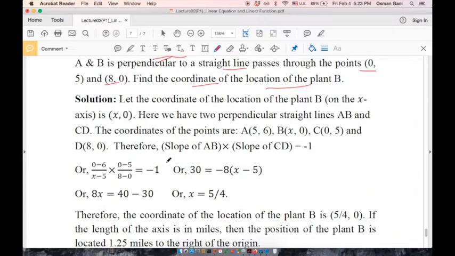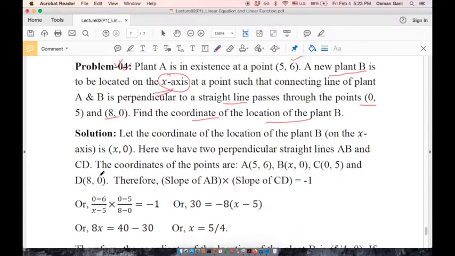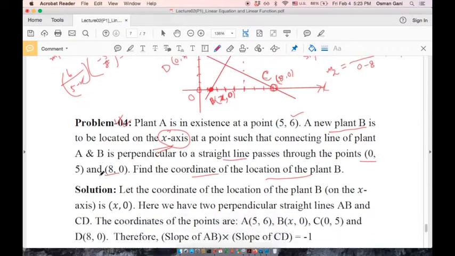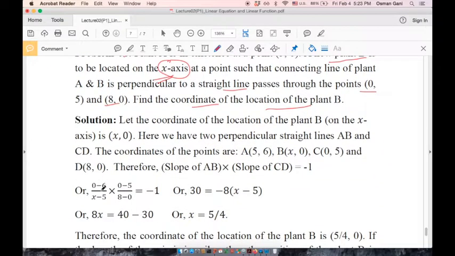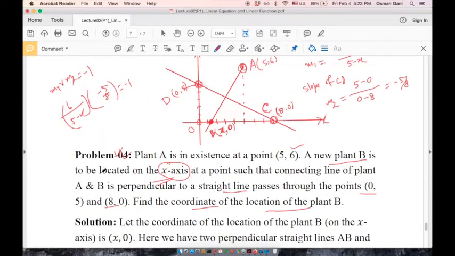So let us compute it here. This implies minus 30 divided by 5 times 8, which is 40, minus 8x, equals -1.